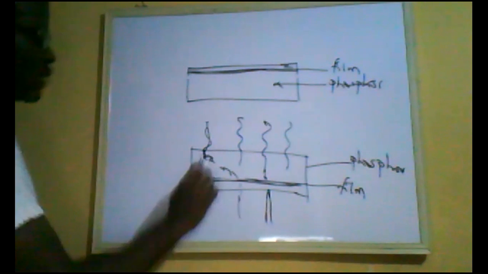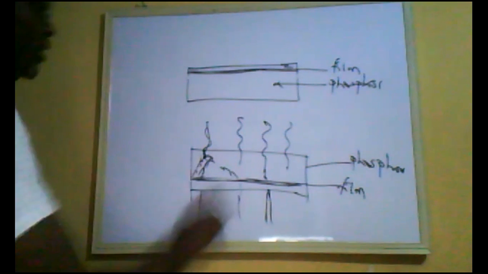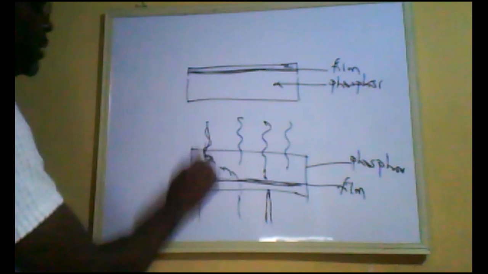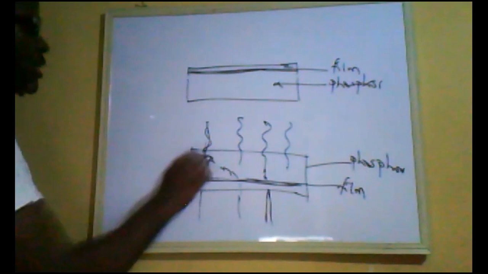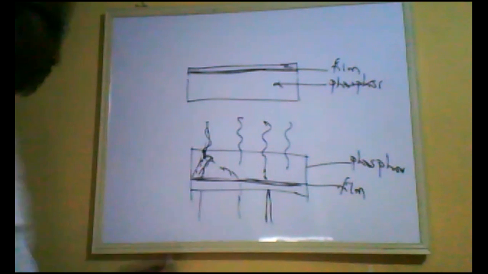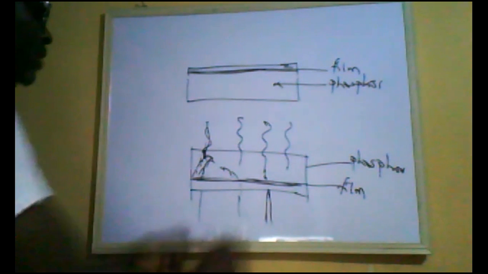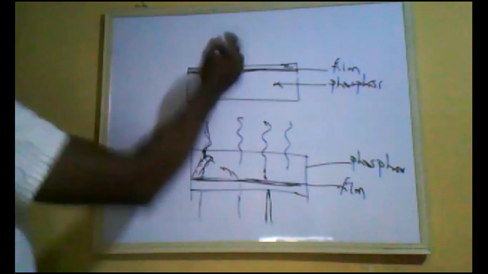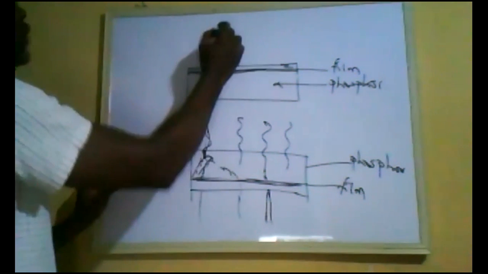For the ones that interact with the phosphor close to the surface, because of the diffusion of light, the lateral dispersion, we have larger lateral dispersion, hence very poor contrast.